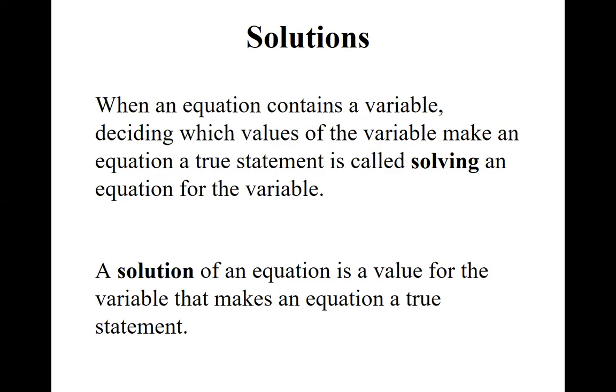And finding solutions, finding things that make the equation true, that process is called solving. So first we're going to determine whether things are solutions, and then eventually we're going to move on to solving.